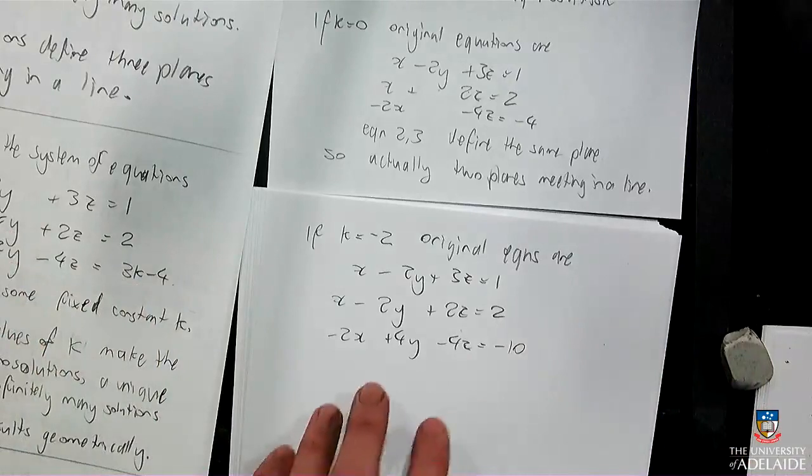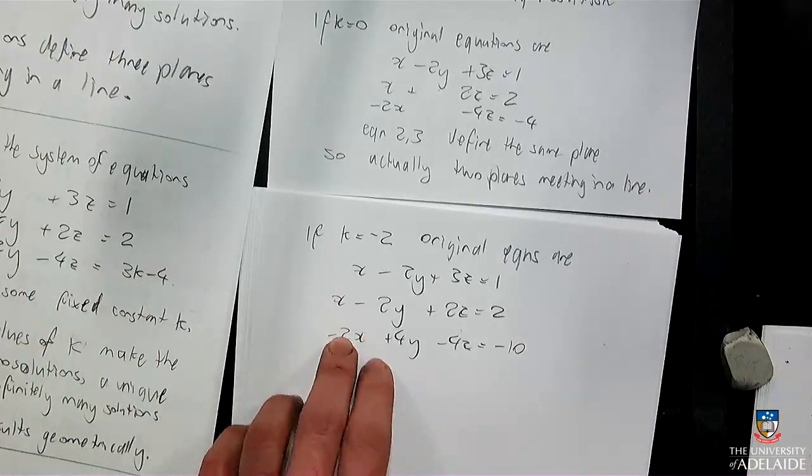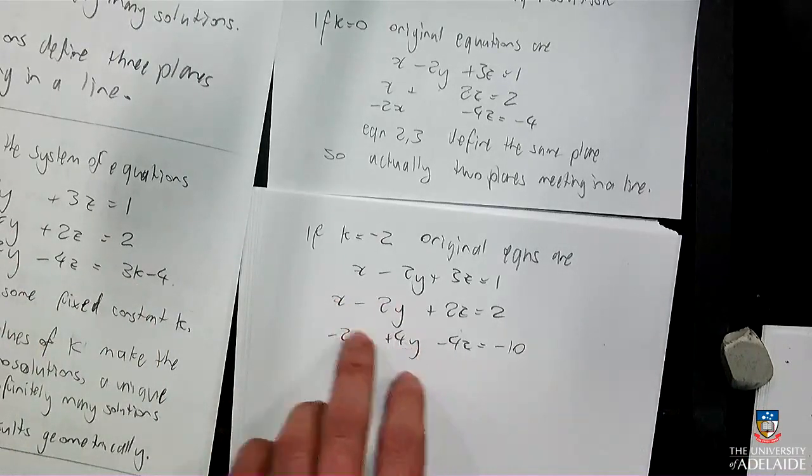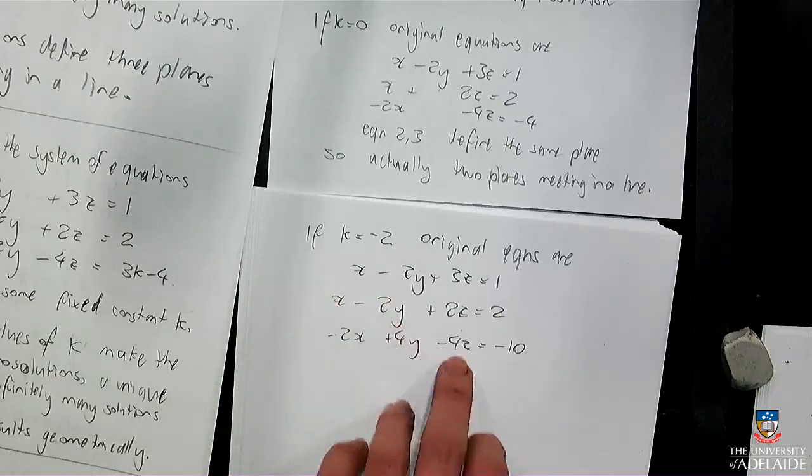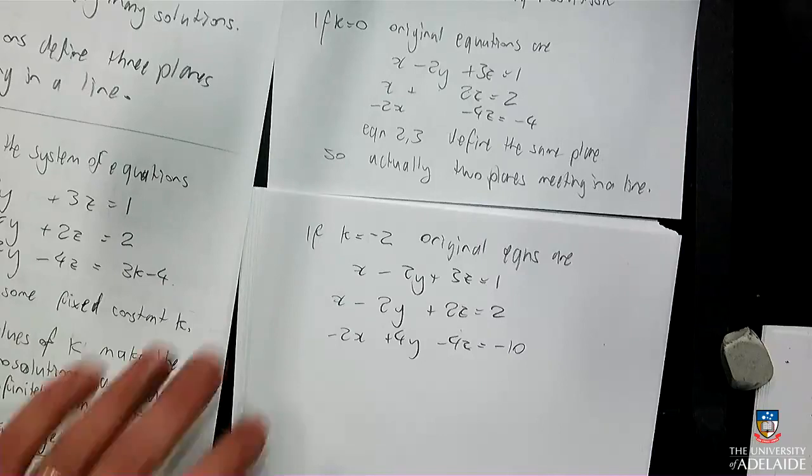Okay, so now this equation is minus 2 times that, minus 2 times that, minus 2 times that, but this is not minus 2 times that, so the last two equations are parallel.